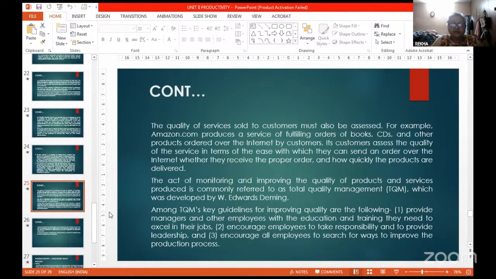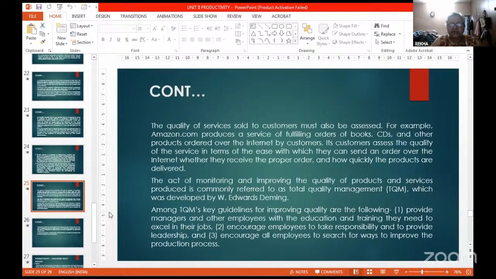The quality of services sold to customers must also be assessed. It is not only with the products, even the quality of the service, for example, the service which you get at a school or a hospital or a hotel, all these things matter a lot. For example, Amazon.com produces a service of fulfilling orders of books, CDs, and other products ordered over the internet by customers.